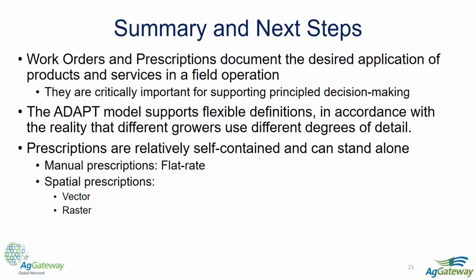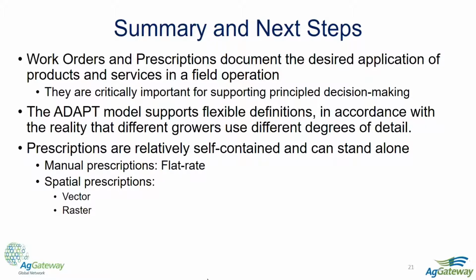The ADAPT model supports all these flexible definitions, acknowledging the reality that different growers, different service providers, and different machinery manufacturers use different degrees of detail in their specification of what is going to be done, where it's going to be done, and what number of products can participate in that operation. As for prescriptions, they're relatively distinct and they can stand alone, even if they are formally a part of a work item operation.